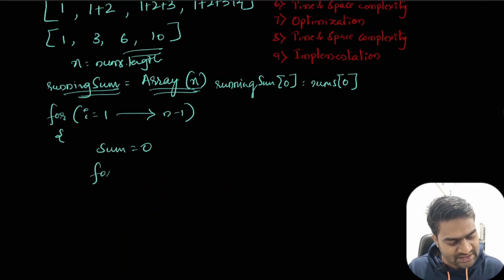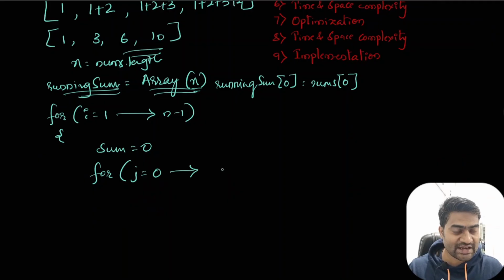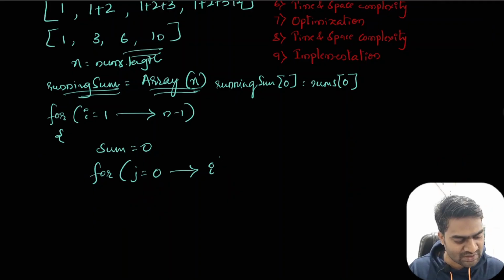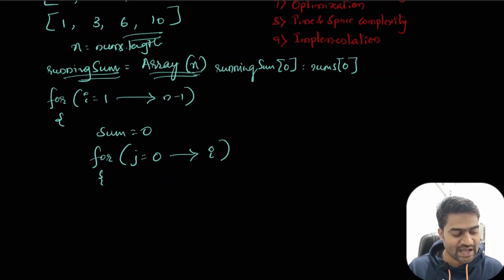Then I will take another loop, j equal to 0. I will iterate until the value becomes equal to i, not n minus 1, because we want the sum till that particular number only. So I will sum up all the values from 0 till i.